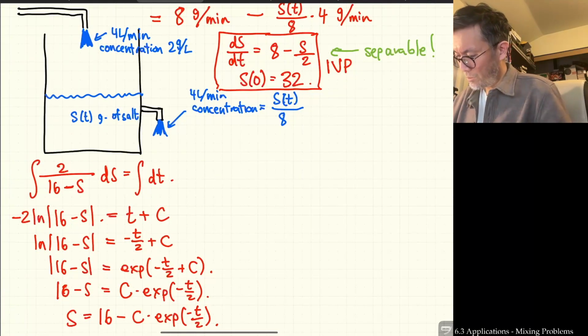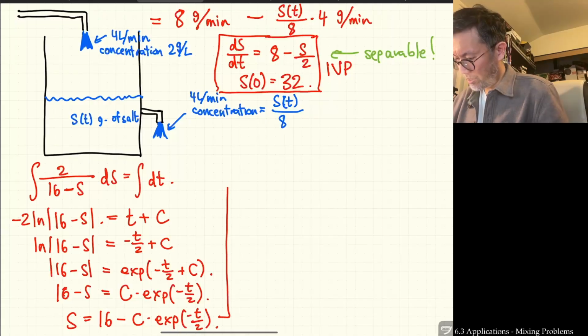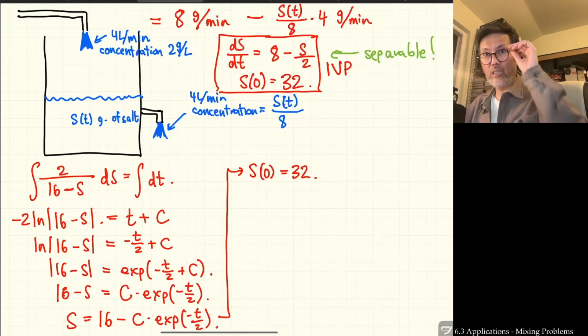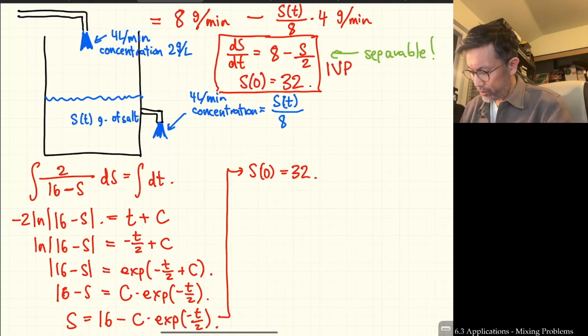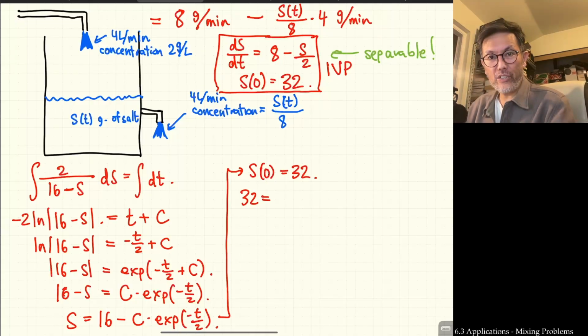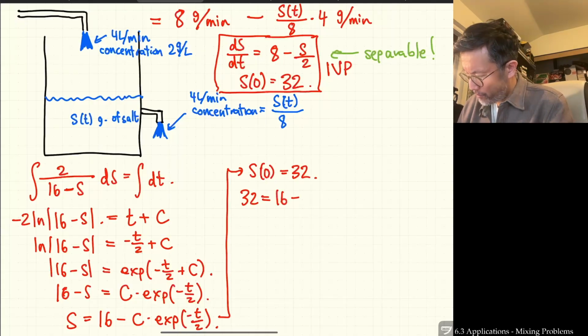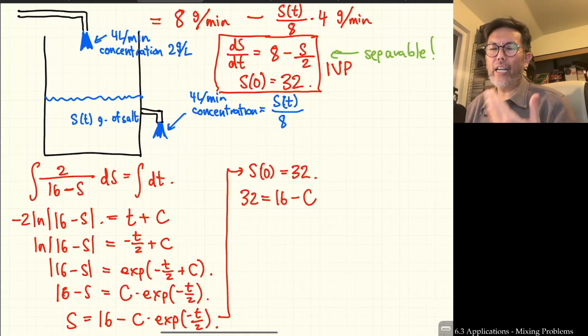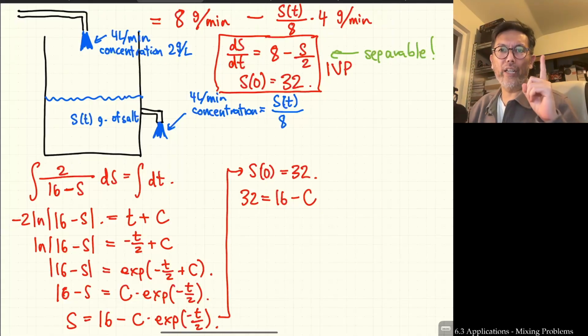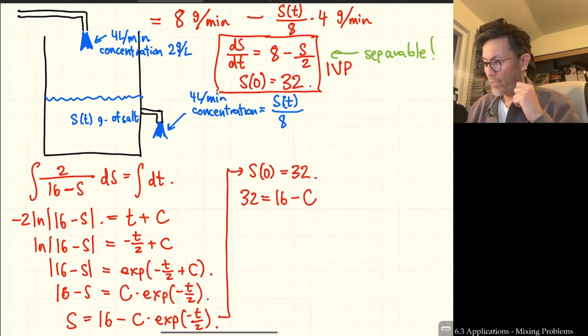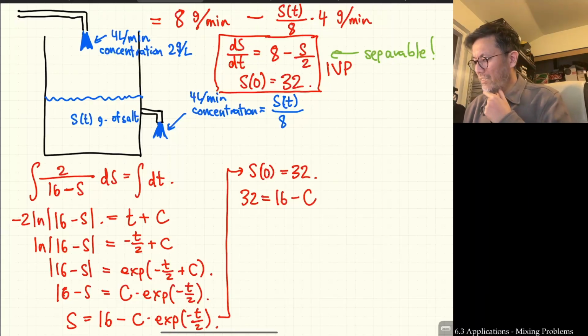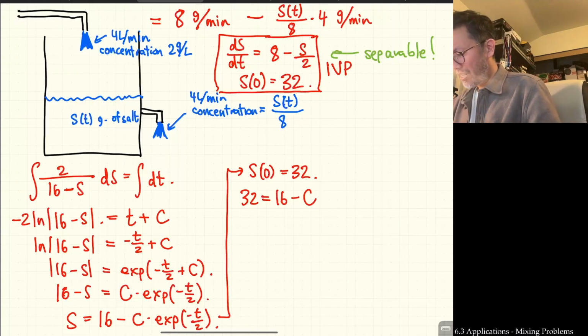Okay, now I can use the fact that s of 0 is 32. So if s of 0 is 32, that means 32 is what I get by plugging 0 into this expression. So I get 16 minus c times exp of 0. But exp of 0 is e to the 0. That's 1. All right? So I subtract 16, take a negative sign.